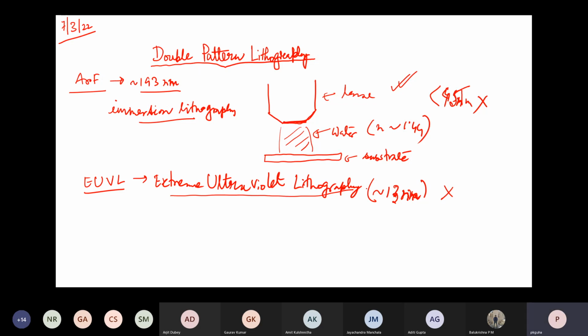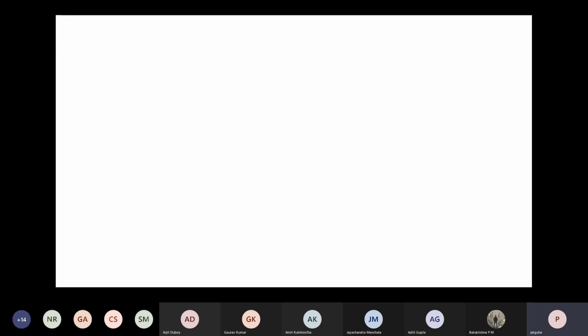Now what is the concept of double pattern lithography? The concept is you write features using your lithography system.